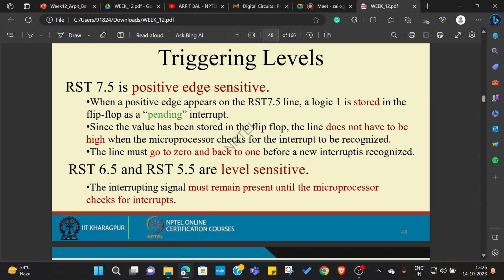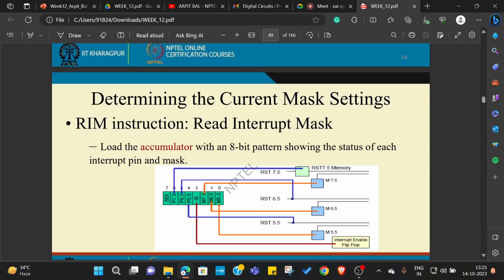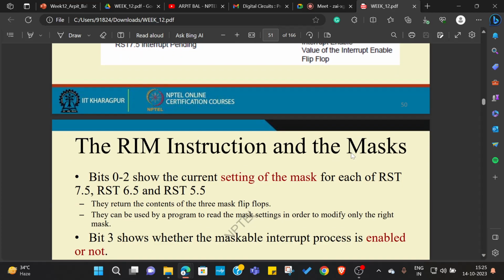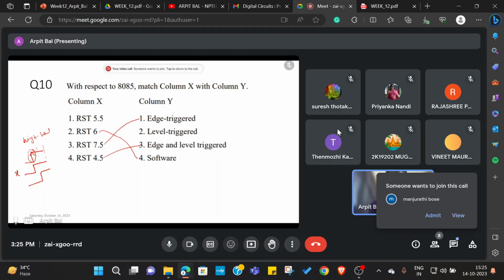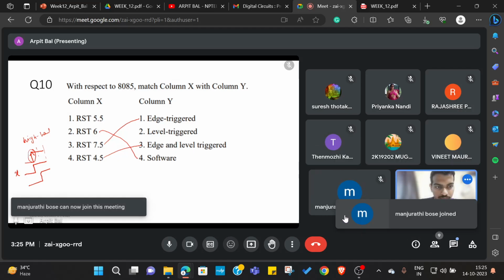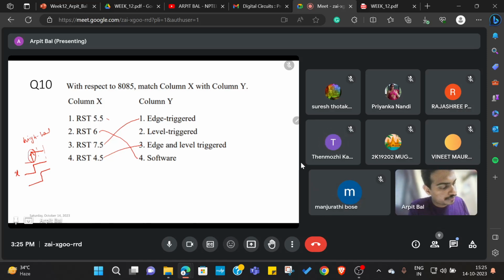And what is RST 5.5? Level triggered. Yeah.